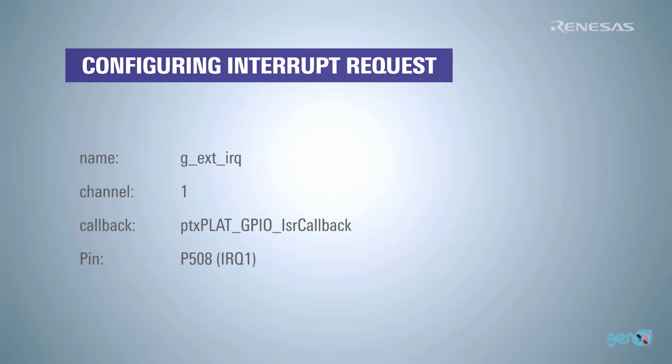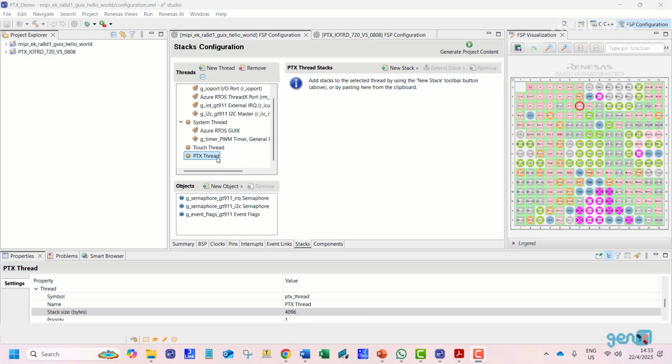Now let's configure the interrupt request. We will name it G_X_IRQ, set it to channel 1, and use the callback PTX-Plat GPIO ISR callback. For the pin, we'll select pin 508, which corresponds to IRQ1 on this board.